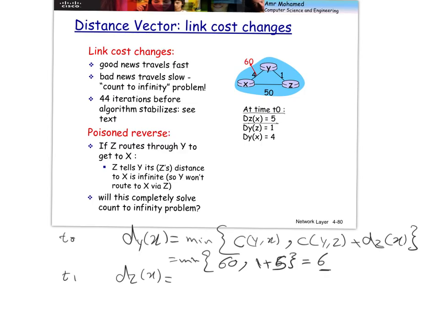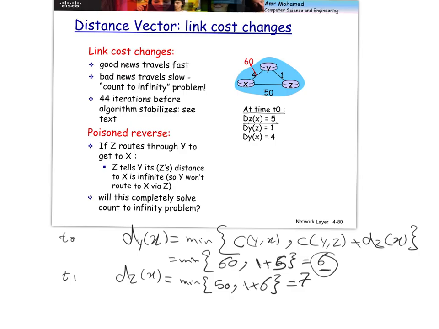dZx at Z, Z will receive this from Y. So Z will say, oh, okay, so I can calculate the minimum distance to X. It's either 50, or it's 1 plus 6.